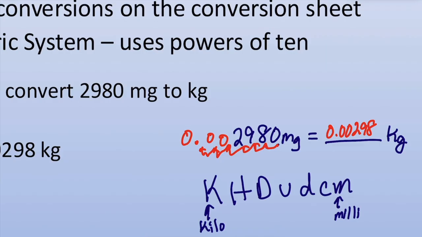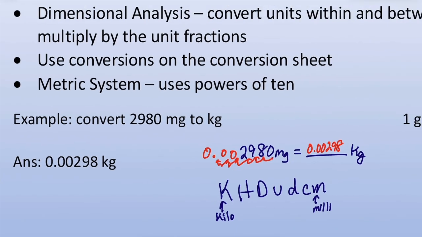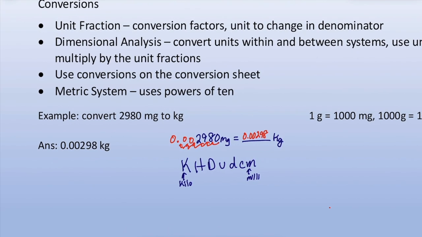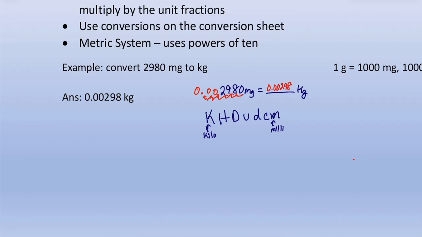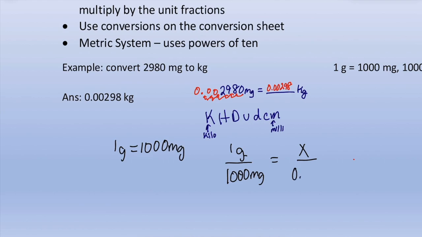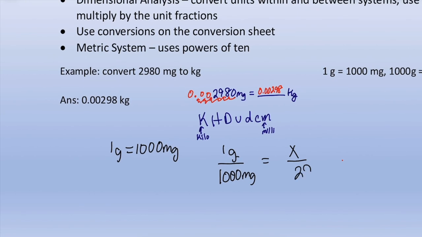Now another way to do it is to use your conversion factors, and that's a perfectly legitimate way to do it. Let me show you that way. Okay. So the first thing we know is that a gram is 1,000 milligrams. So you can use a proportion. If 1 gram is 1,000 milligrams, then how many grams is 2,980 milligrams?